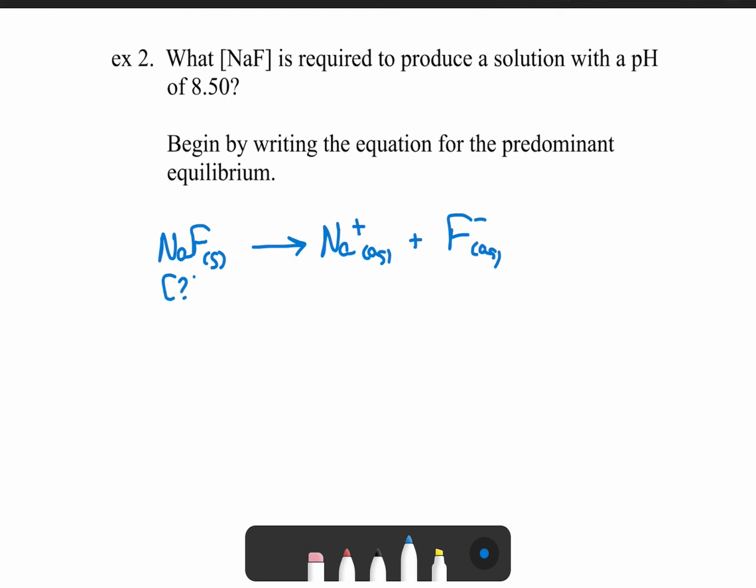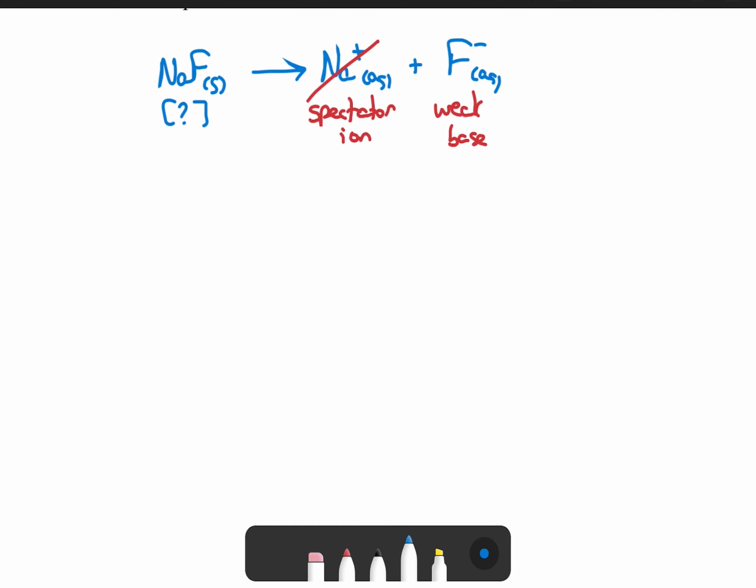We first have to dissociate the salt. And we're asked for the molarity of sodium fluoride here. We see that sodium is an alkali metal ion, therefore it will be labeled our spectator ion. F minus is a weak base. The equation for the predominant equilibrium begins with our weak base F minus.